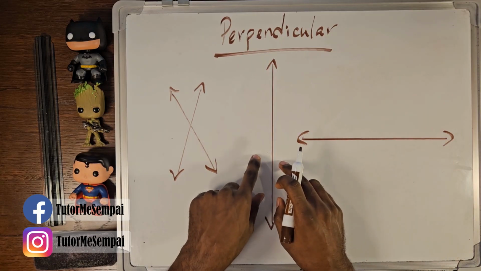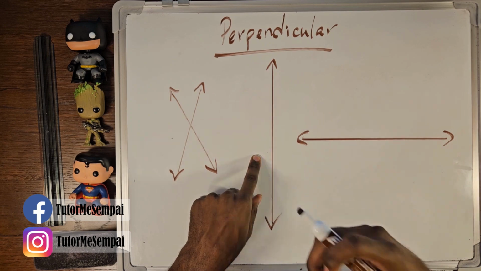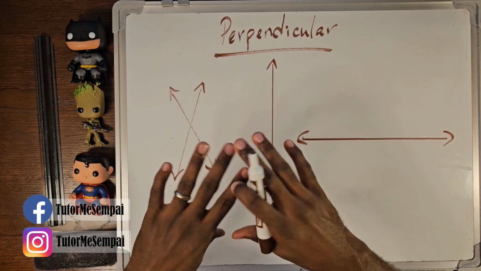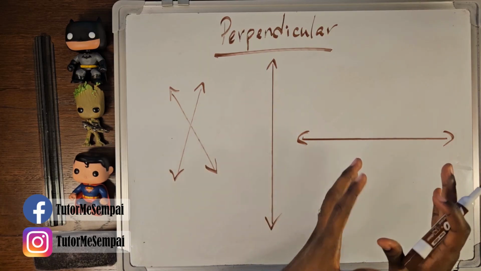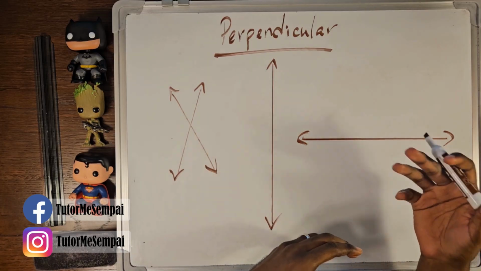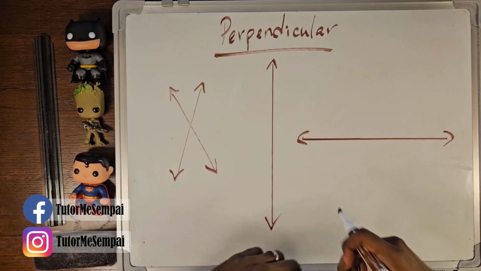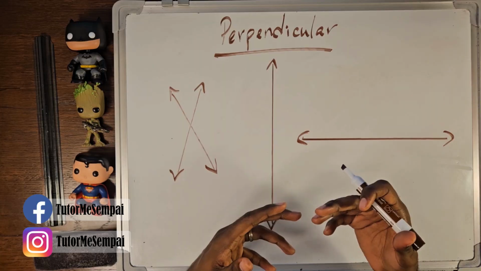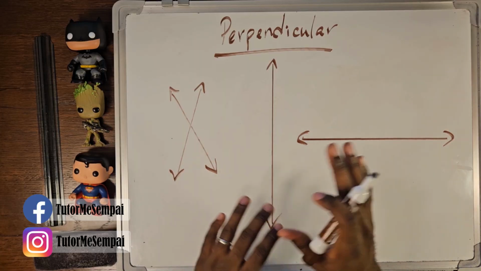This will intersect and create that 90-degree angle. So just like your intersecting, you don't have to touch right now, but you will have to touch eventually. That's also going to be true for your perpendicular. Now we can move on to our examples just to get a few more practice points in so we understand the difference between all three of them.